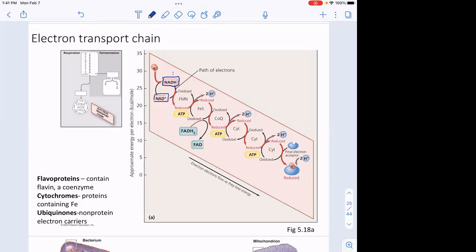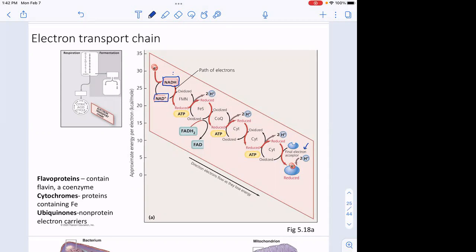So that's the oxidation. That's why any ATP that's gained here is by oxidative phosphorylation. It's not necessarily because oxygen is the final electron acceptor, but because that NADH is getting oxidized.